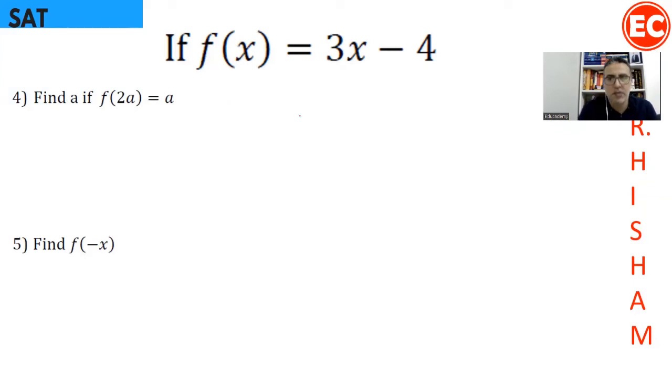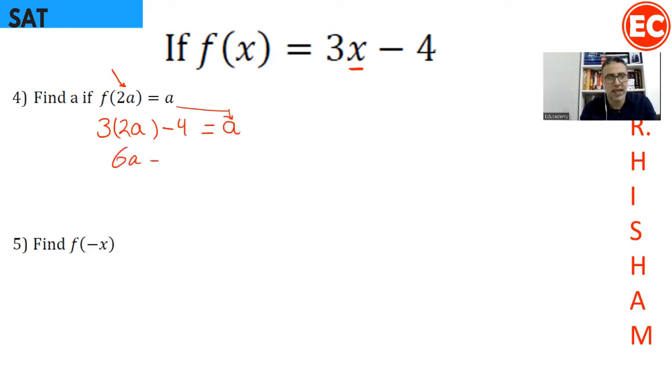Another question. F of x is equal to 3x minus 4, and I am looking for the value of a such that when I'm replacing x with 2a, the answer is a. So I'm going to replace x here with 2a, and I will make the answer equal to a. Look at the order how I wrote it.